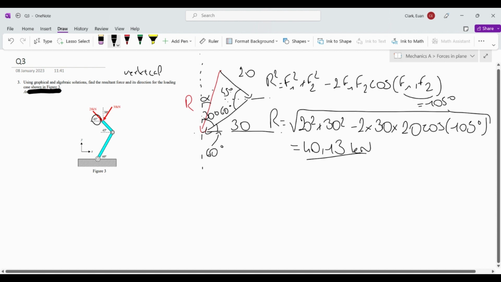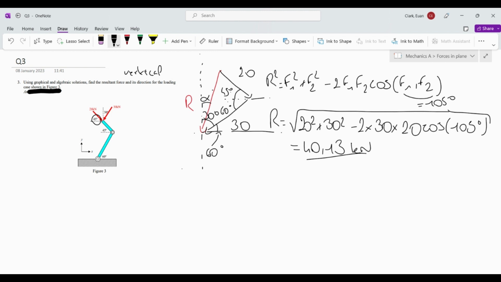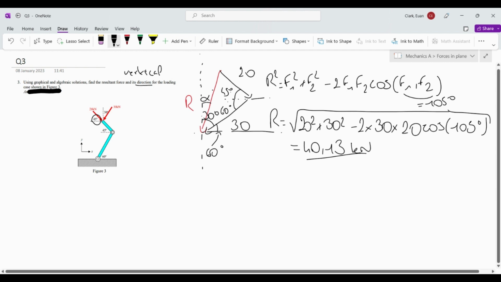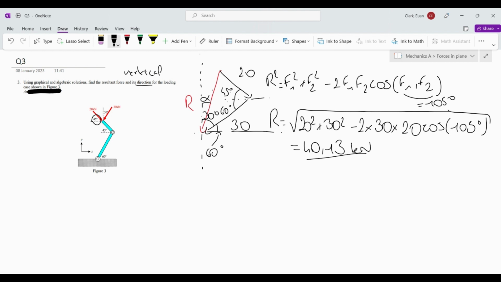For the second part of the question, the angle between the vertical and our resultant force, we're going to call this small angle alpha. In all triangles there's the sine rule: the 20 divided by the sine of the opposite angle.